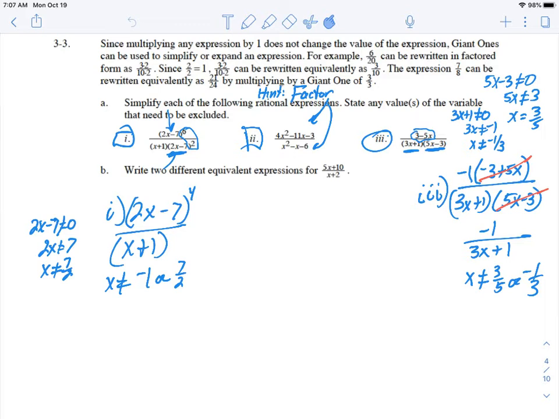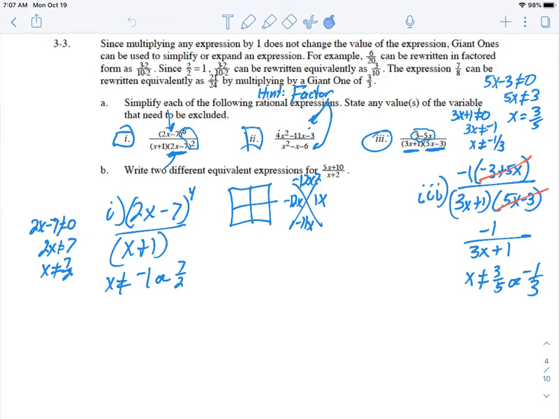All right, welcome back. Now, if you're going to factor your numerator, you're going to use your squares and diamonds. Something has to add up to a -11x, but multiply to a -12x squared. Well, that's going to be a -12x and a +1x.